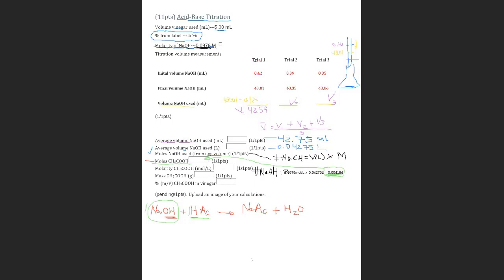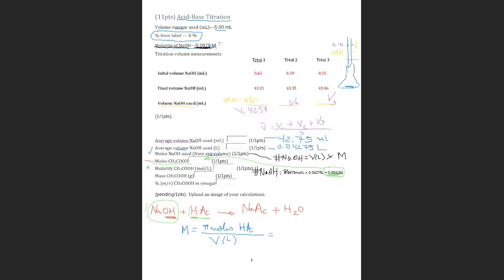And now all we have to do, they are asking for the molarity of the acetic acid. And we know the definition of molarity. Molarity equals number of moles, in this case of acetic acid, which I will abbreviate as AC, per volume in liters.